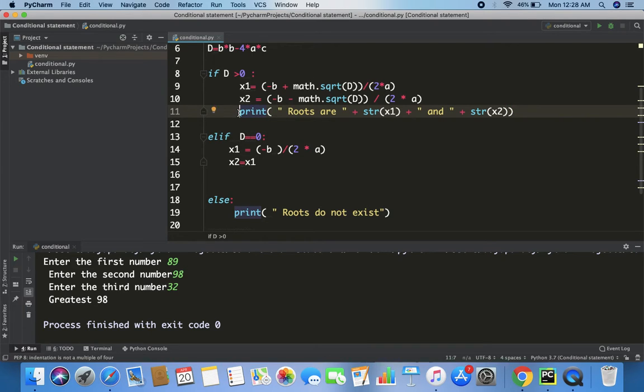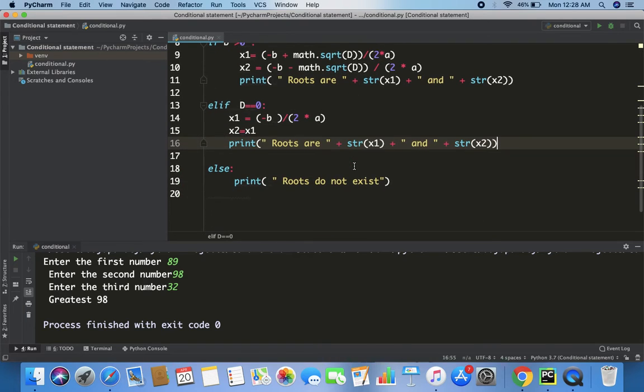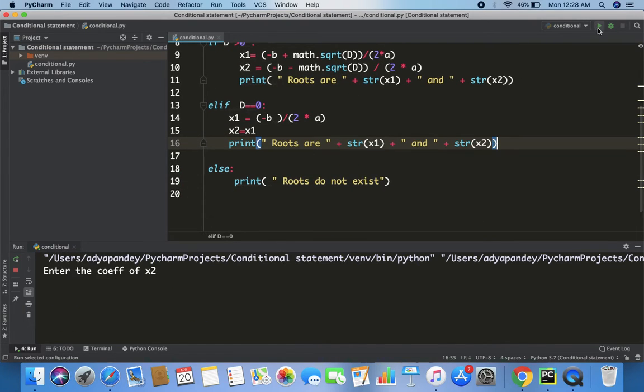I copy the same thing here, and now I think we are ready. Let's see how it behaves.